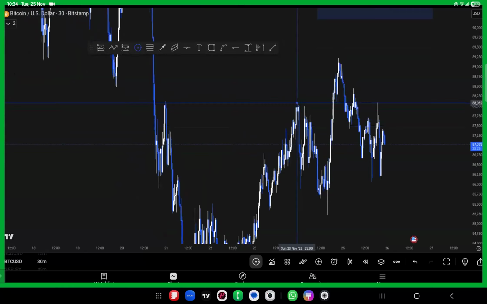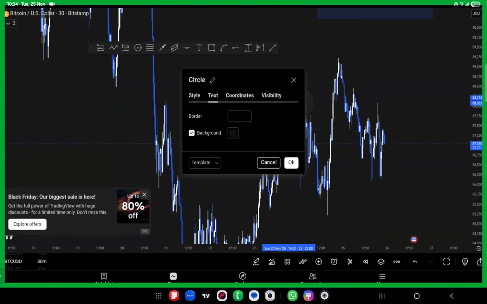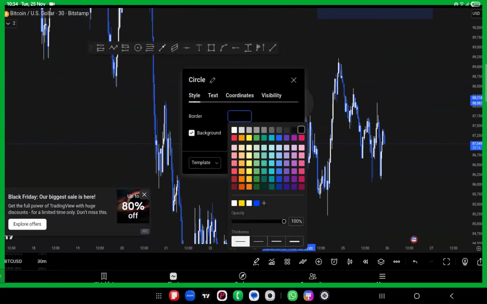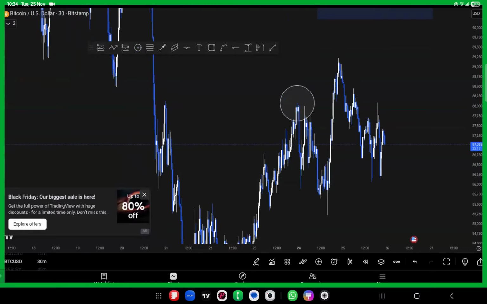We have a high here, and we have another high here. So these are the two major highs that we have in the market as of now.